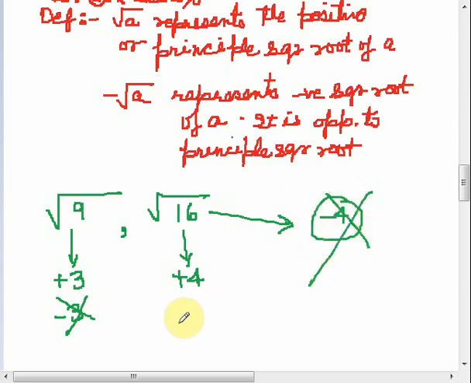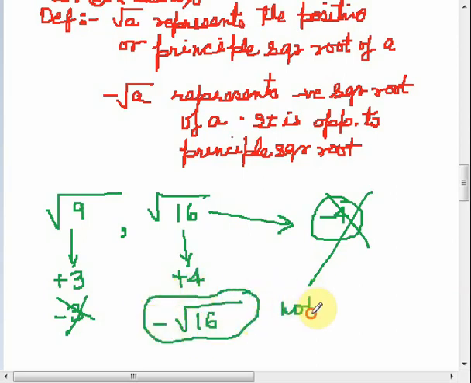The negative square root is represented by this, not by this. This is a representation of a principal square root or a positive square root. It is a general confusion that we start thinking that root 16 has value plus minus 4. Wrong. Its value is only plus 4. Right.